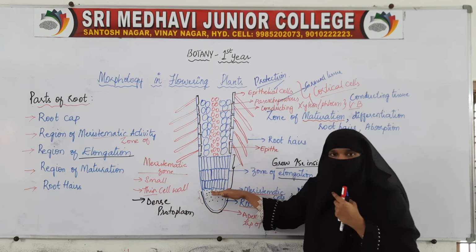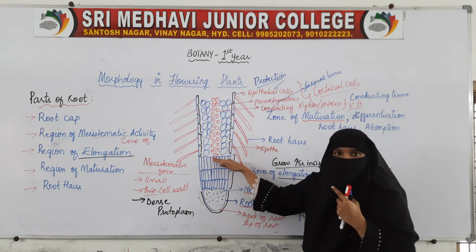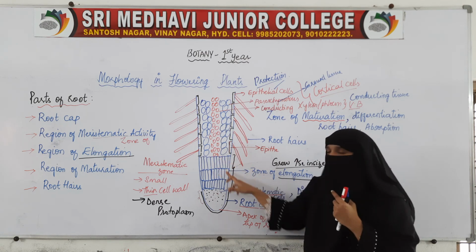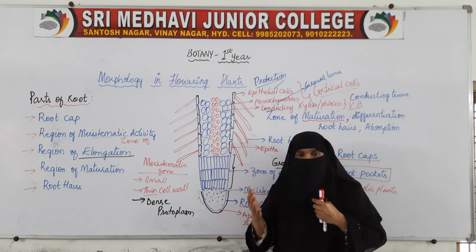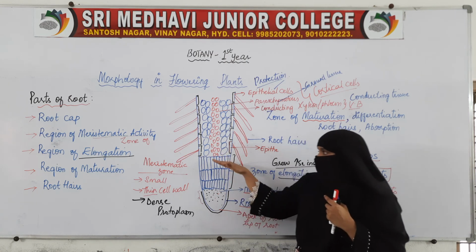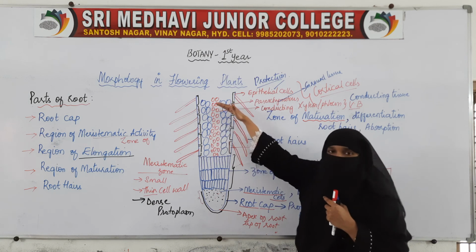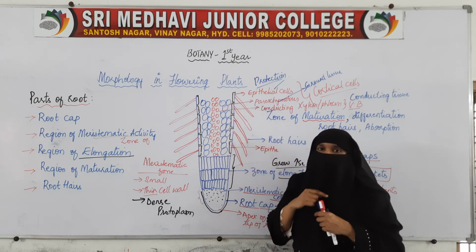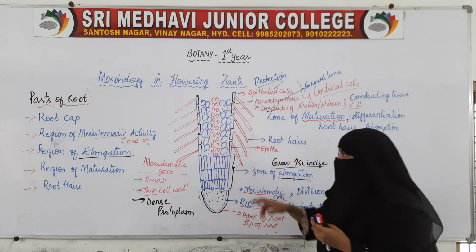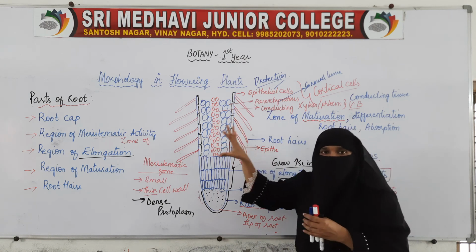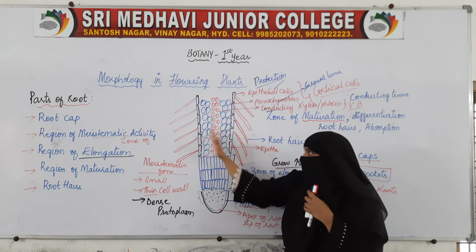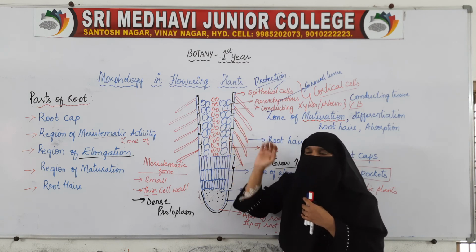Then these divided cells move towards another region, the zone of elongation. Here the cell grows in size and starts differentiating. Afterwards it moves to the last zone, the zone of maturation. Here the cells are properly differentiated and form the cortical cells.